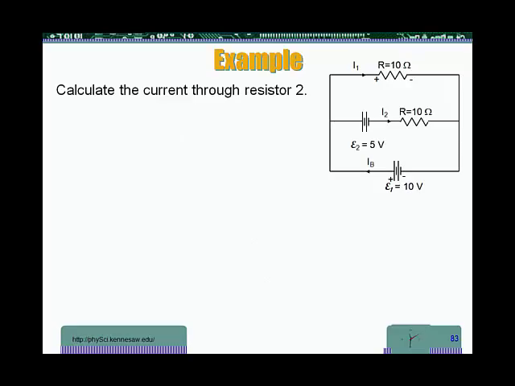Now, what if we were asked to find the voltage across R2? Actually, the labels here are missing. This is R1 and this is R2. Should not be bad.